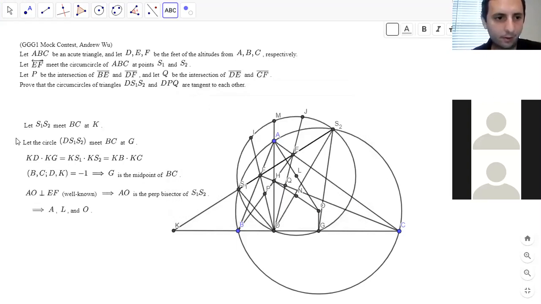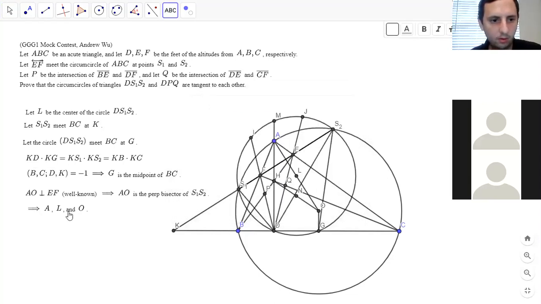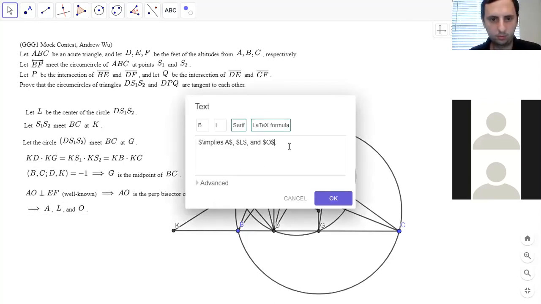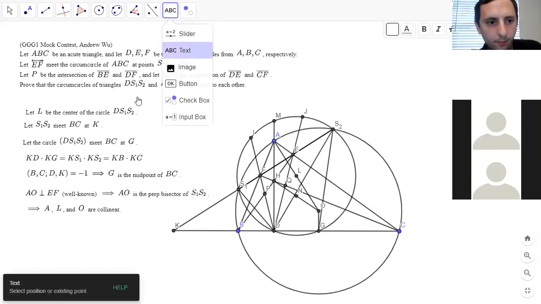Yeah, so you have to define L. So let L be the circumcenter of D, S1, S2. And then L lies on the perpendicular bisector of BG. So AL is equal to LO.